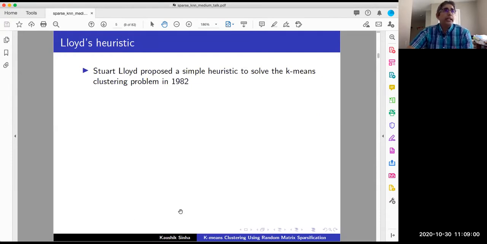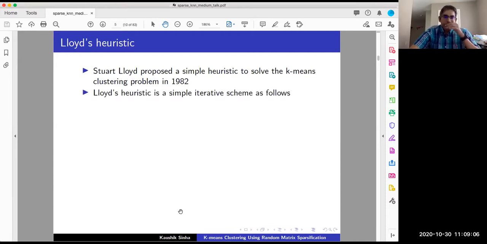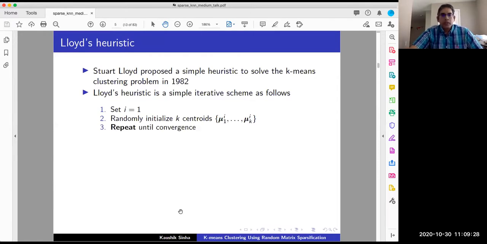One of the widely used heuristics was developed by Lloyd back in 1982, and Lloyd's heuristic works as follows. It's an iterative algorithm. You start with iteration number 1. You randomly initialize the k centroid points corresponding to the k different clusters that you are looking for, and the goal is that in each iteration you try to improve the centroid points, so that when the algorithm stops, you'll have a very good estimate of these different cluster centroid points.